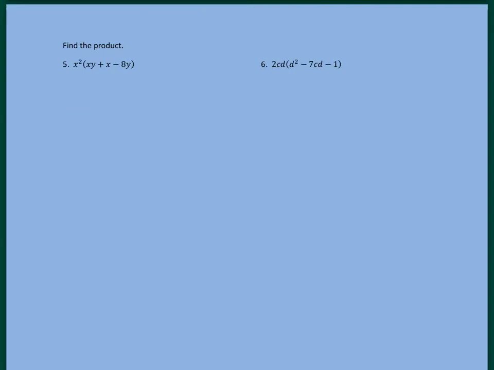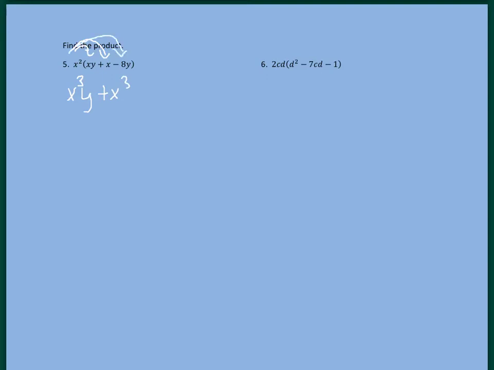Does this look any different? Kind of. There's more than one variable, but it's still just, you have to distribute more than twice here now. So x squared times xy, well, the x's would go x to the third, the y stays. X squared times x, x to the third.